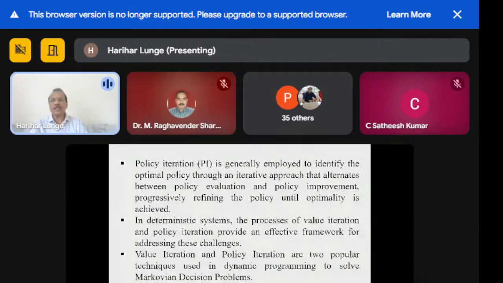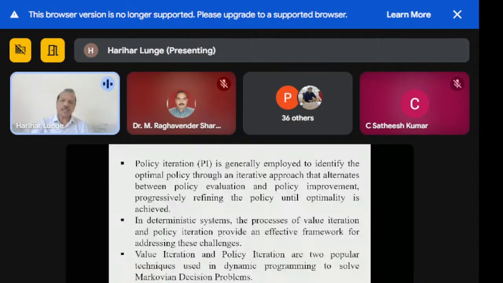Policy iteration is generally employed to identify the optimal policy through an iterative approach that alternates between policy evaluation and policy improvement, progressively refining the policy until optimality is achieved.